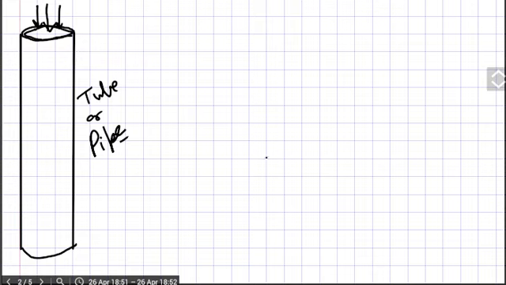So this is your pipe and water is flowing in this direction. Now we will take a certain section of this pipe. Suppose this length is L, and now we will define our shell momentum balance for this section.